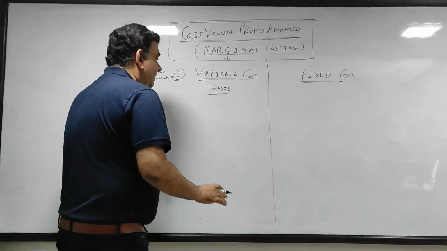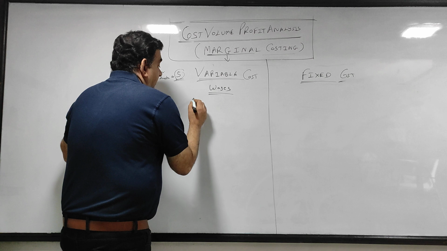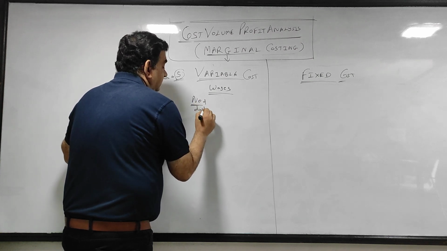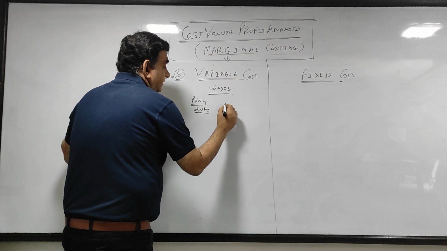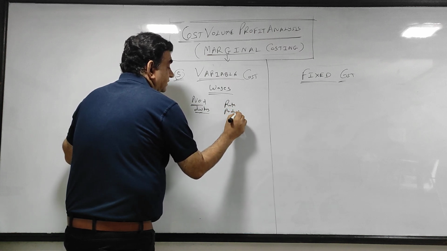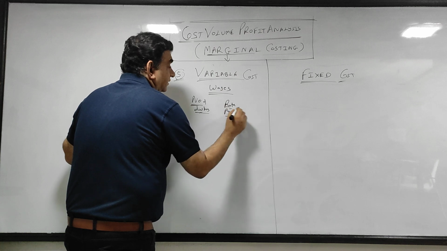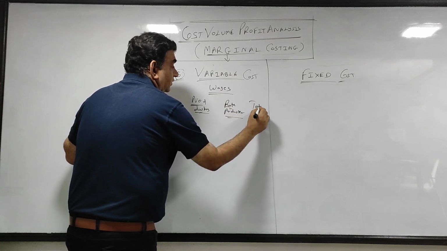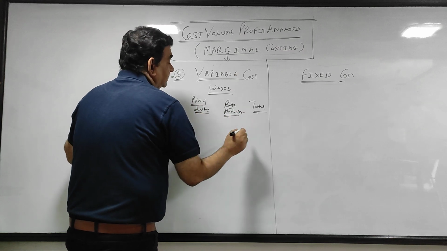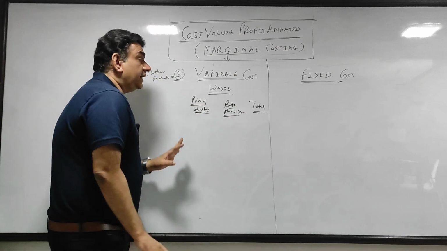Now listen, this means: this is the number of dusters, this is the rate per duster, and this is the total. Number of dusters, rate per duster, and total.